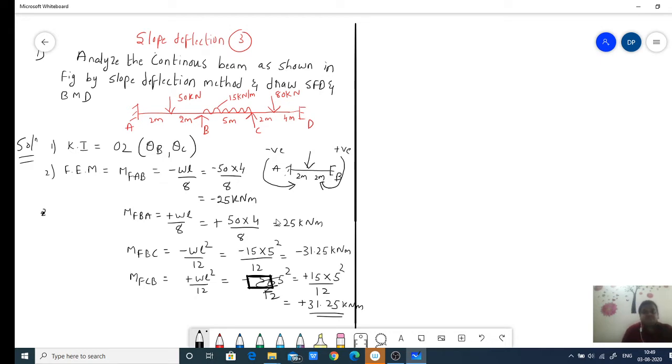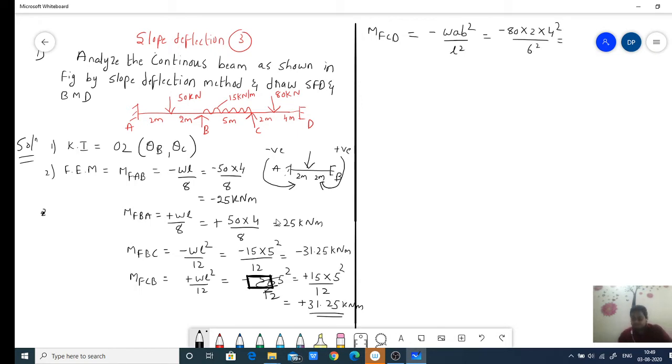Now similarly when I come to MFCD, here the formula will be minus W A B square upon L square. So W is 80, A is 2, B is 4 square upon L is 6 square.